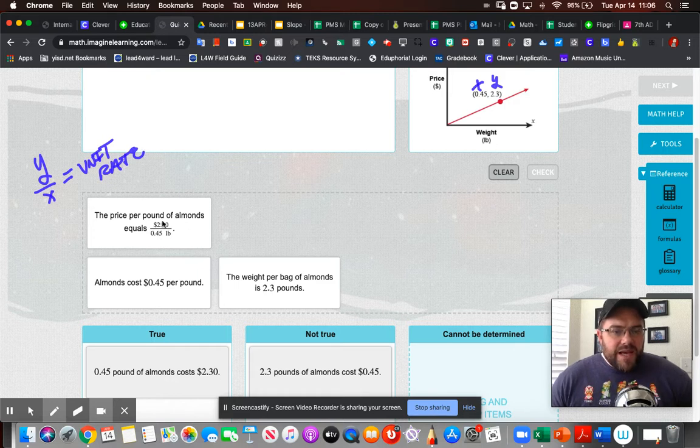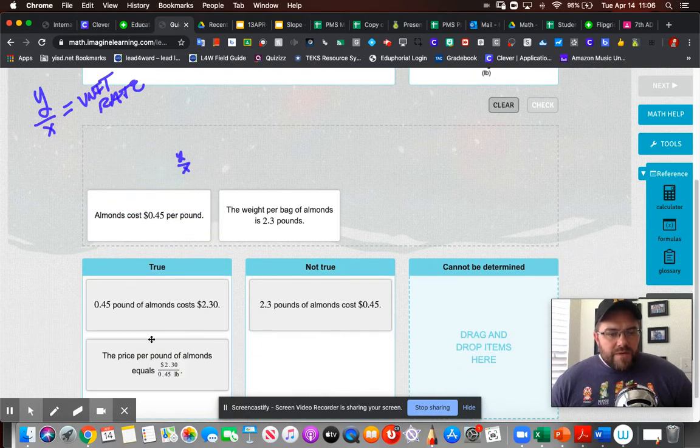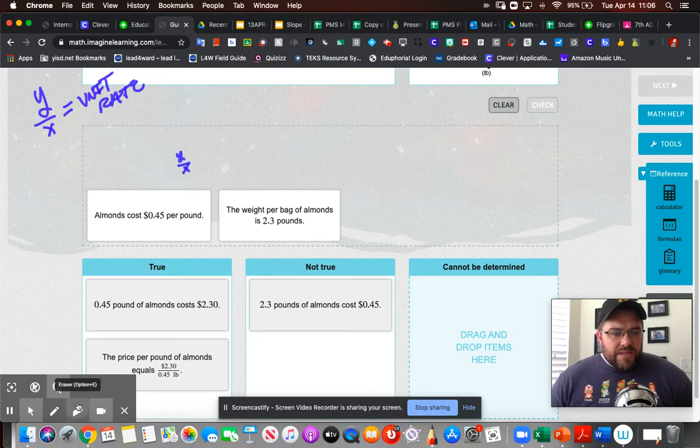So if I look at the way this is structured, $2.30, is that the x or the y value? Well, according to this up here, this is our y value. And 0.45, that's our x value, y over x. I am pretty sure that this is a true statement. So I'm going to drag this one down here. And let's get rid of this.